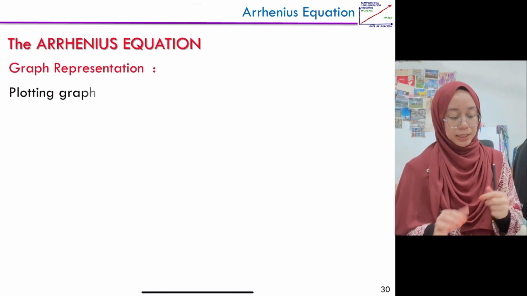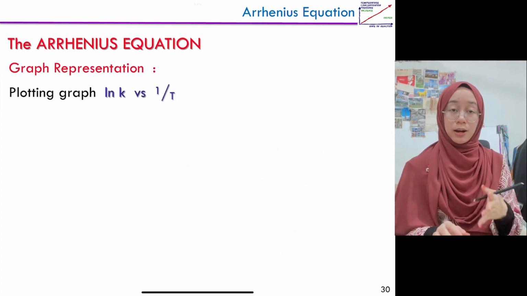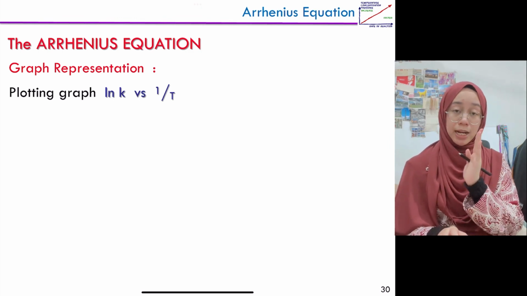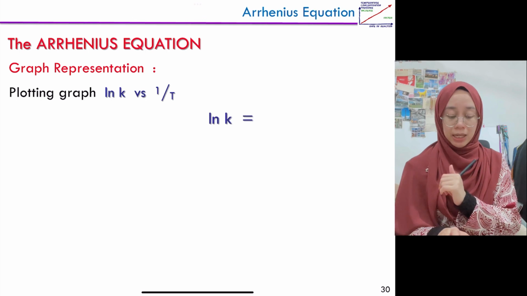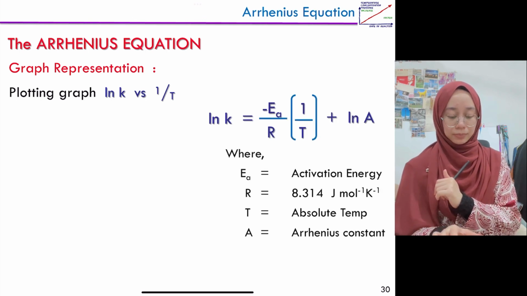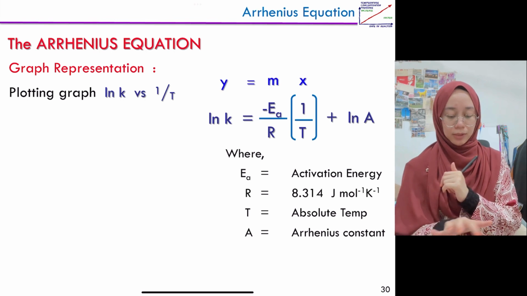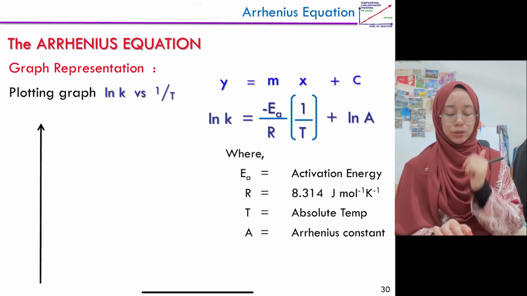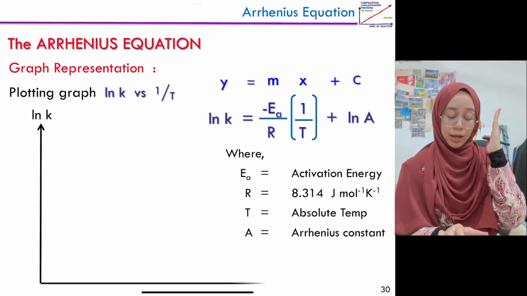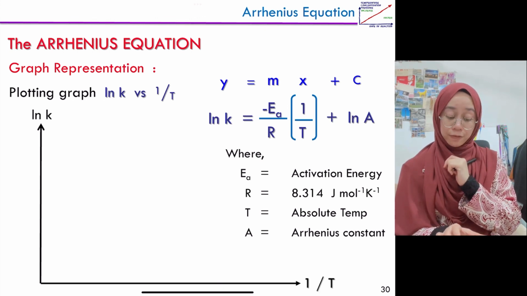So graph representation, so kalau kita nak kena plot graph daripada yang the linear equation tu tadi, so dia akan jadi ln K versus 1/T dan okay, so ada y equals to mx plus c. So kita punya y axis adalah ln K, x axis kita adalah 1/T.